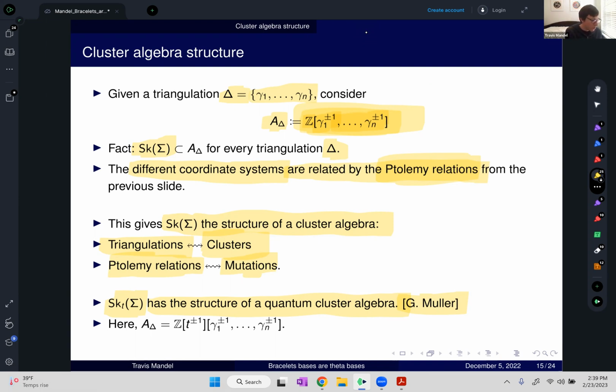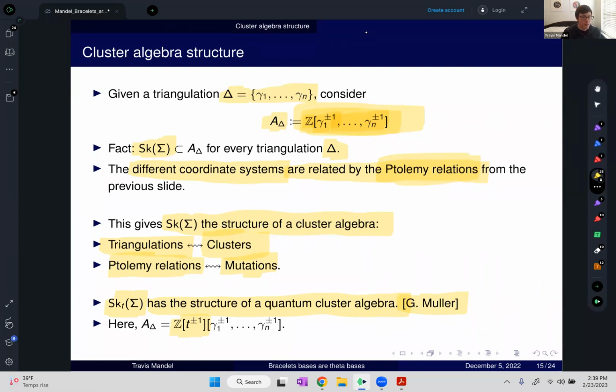And also, instead of working with this A delta, your coefficients are in this Laurent polynomial ring, Z adjoined t to the plus minus 1. And then this is actually not commutative. Like if you do gamma 1 times gamma 2, that might be something like q times gamma 2 gamma 1.